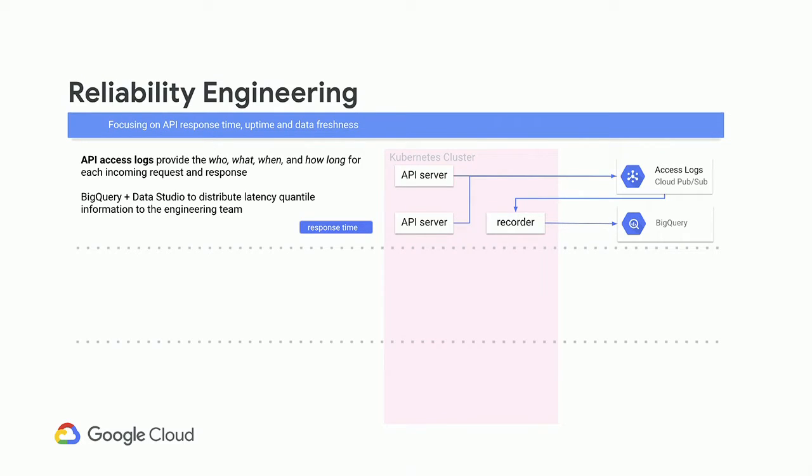The most basic, but also one of the most useful, has been instrumenting our APIs to capture access log data, API request data. This captures essentially the who, the what, the when, and the how long for each of the API requests that come into our platform. This gives us a sense of how those APIs are operating for our consumers, right?